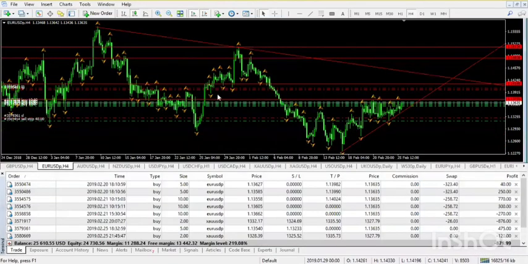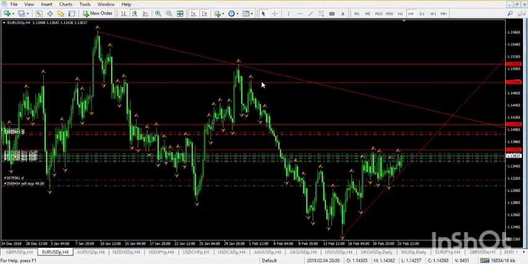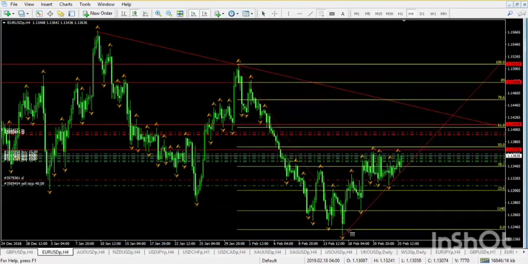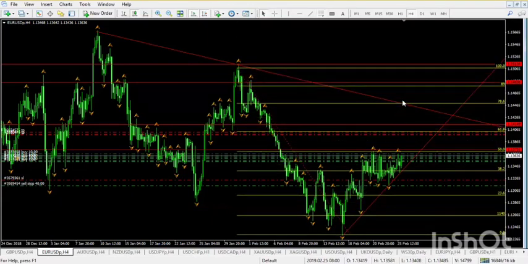So if it hits the swing low and I don't have a signal from the candlestick, what should I do? You mean if you don't have the signal from the candlestick? But it will give you a signal. But what if I don't have the signal to make sure? If the price comes up to here, the candle has to be completed, right?